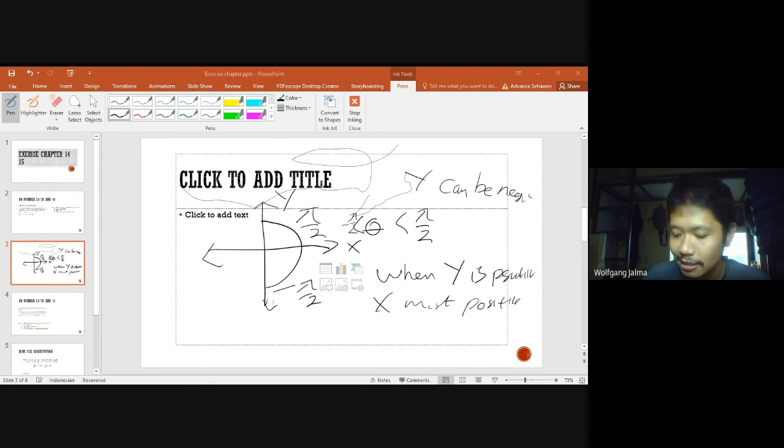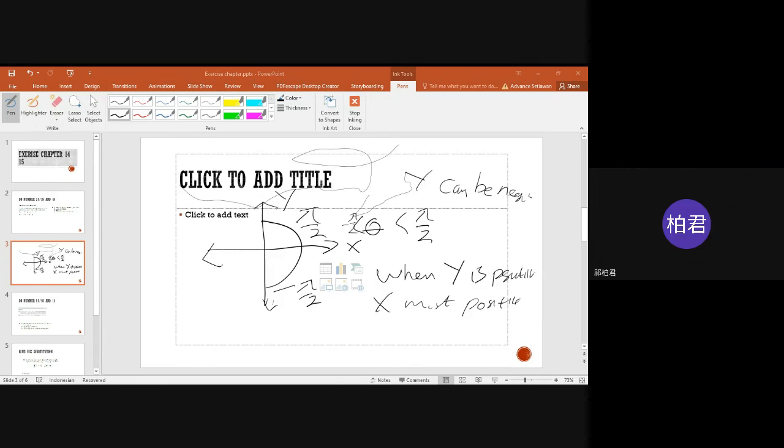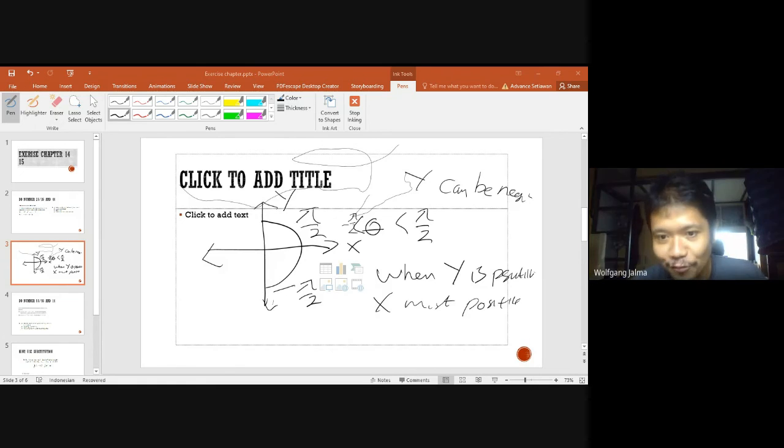The phi cannot be negative, right? But the theta can be negative, right? No. They're from 0 to 2 pi. The theta is from 0 to pi.